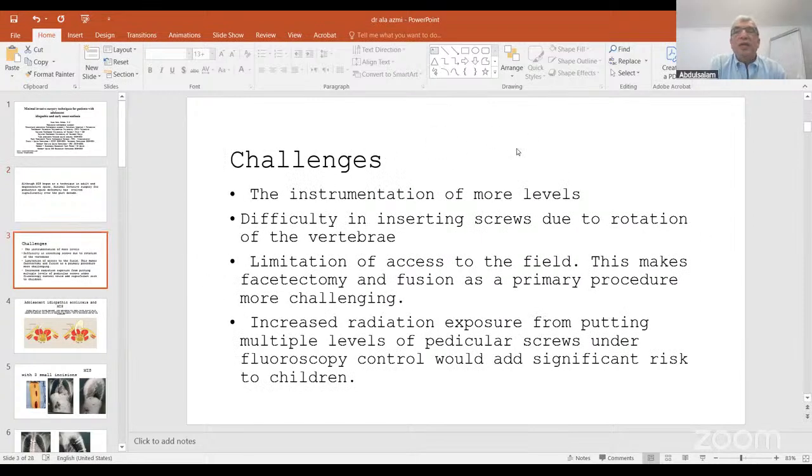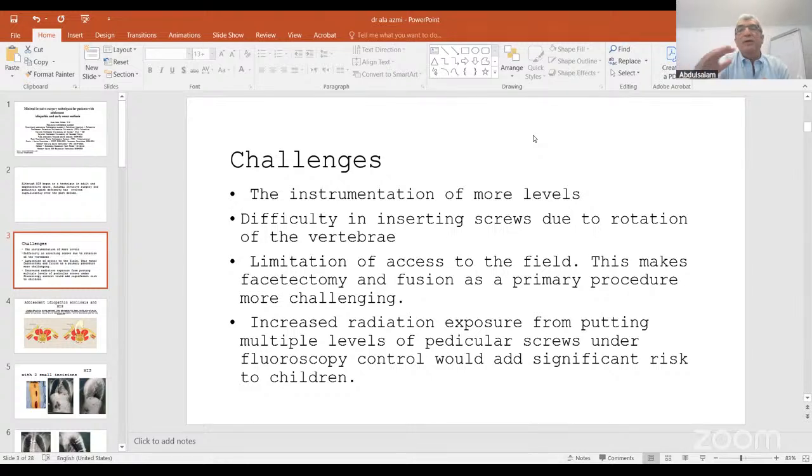But what are the challenges for pediatric spine minimal invasive? Instrumentation of more levels. You know that, for example, in adolescent idiopathic, you can see very often that you go from T2 to L3 or L4, and this is very hard to do minimal invasive. There is difficulty inserting screws due to the rotation of the vertebra, so it's not quite going with the screw in the same fashion.